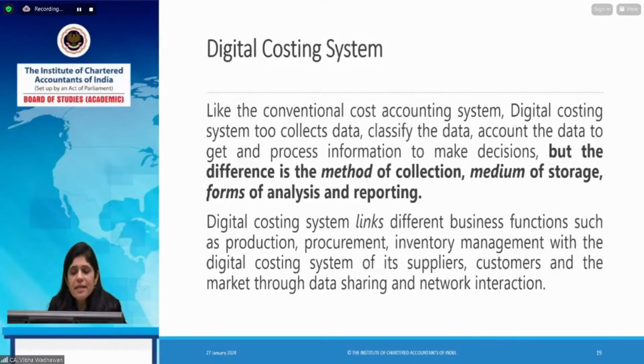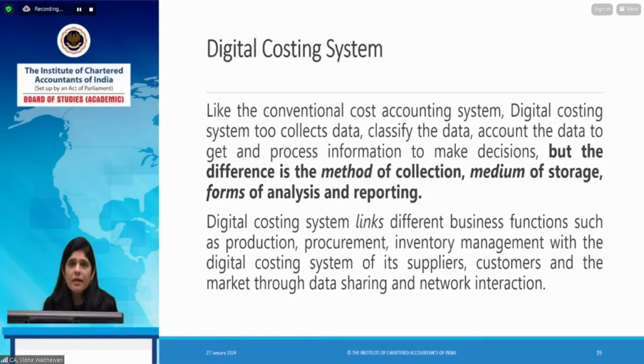Digital costing links different business functions: production, procurement. Procurement means purchase. So the production department, procurement department and inventory management are all integrated, and one report can be seen by all the departments at once.